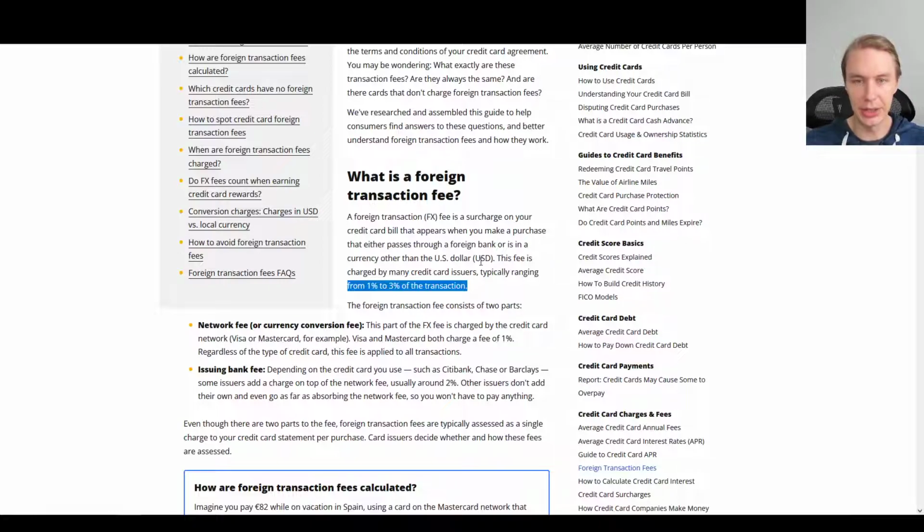It's not going to be the same experience as in your native country, your base country. And these can be quite hefty, 1 to 3% per transaction in a foreign country.